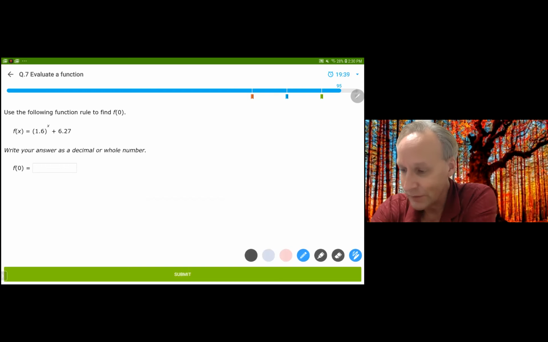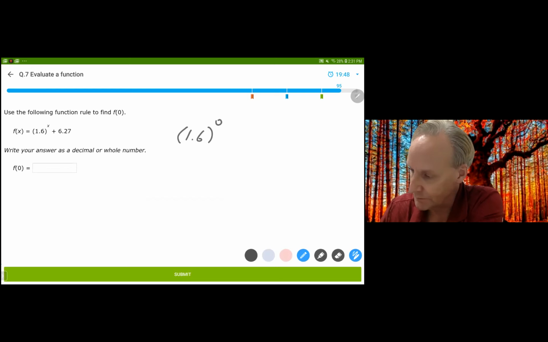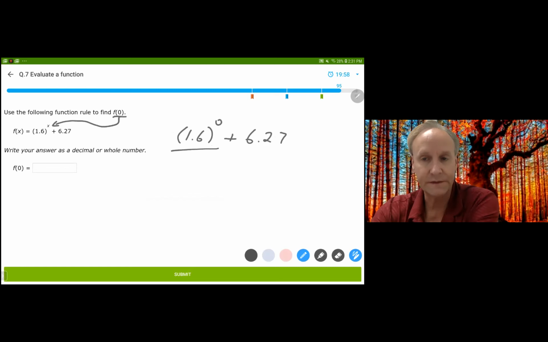1.6 to the 0 power. Okay, this one's not so bad. And I wanted to do this one for you because they've been putting this in. This x goes in the exponent. Anything at all to the 0 power is always 1. And I do mean anything.